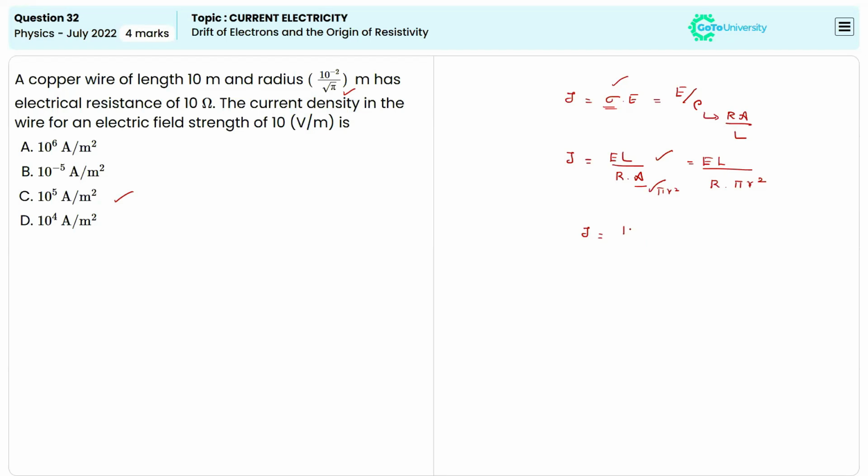So we can write 10, and the length is also given as 10, divided by the resistance, which is 10 ohm again, and pi, the value of radius is given as 10 to the power negative 2 divided by root pi. So don't forget to apply the square here. When we simplify everything, you will get the value of current density as 10 to the power 5 and the unit will be ampere per meter square. Okay, very good. You people did good work. I'm moving to the next question.